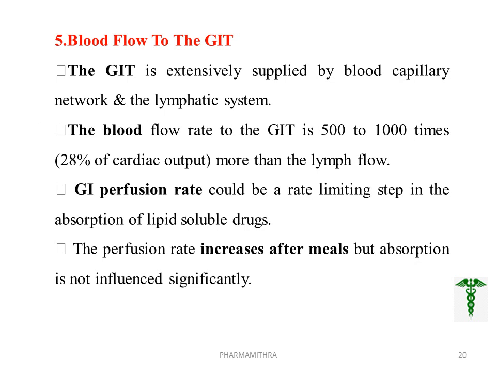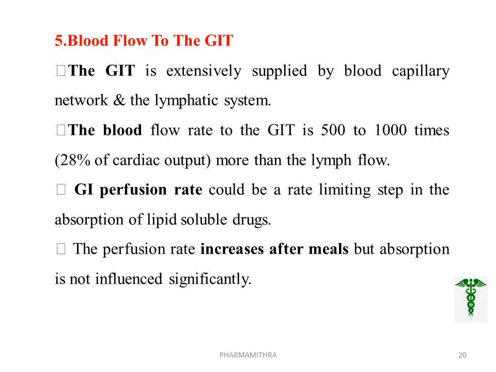Fifth factor is the blood flow to the GIT. That is, the GIT is supplied by the blood capillary network as well as the lymphatic system. Thus, the absorbed drug can be taken up by blood or by lymph. Since the blood flow rate to the GIT is 500 to 1000 times more than lymph flow, here we can consider the GI perfusion rate as a rate limiting step in the absorption of lipid soluble drugs.